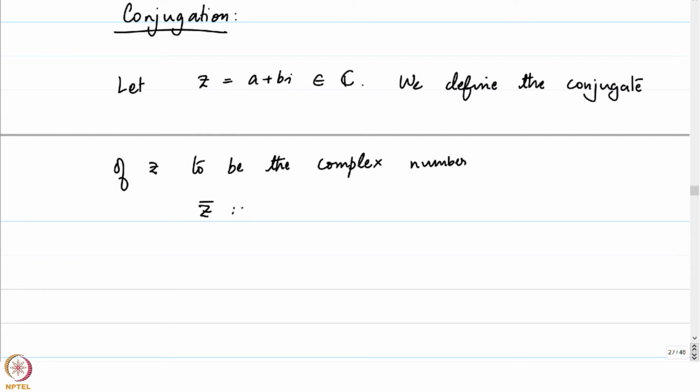It's denoted as z bar and it is defined to be a minus i times b.